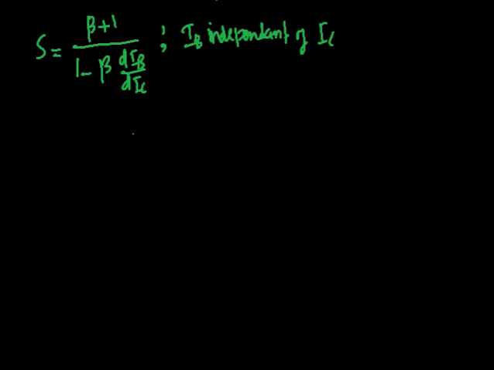So IB does not depend on IC in this particular base resistor bias, which leads to DIB by DIC is equal to 0. If you put it here, you will get S is equal to beta plus 1 divided by 1, so S is equal to beta plus 1. That means the stability factor is very high.